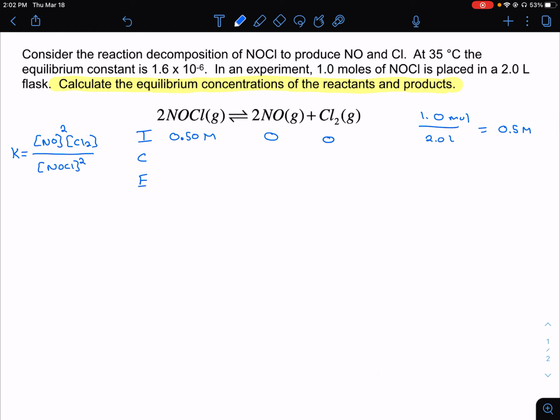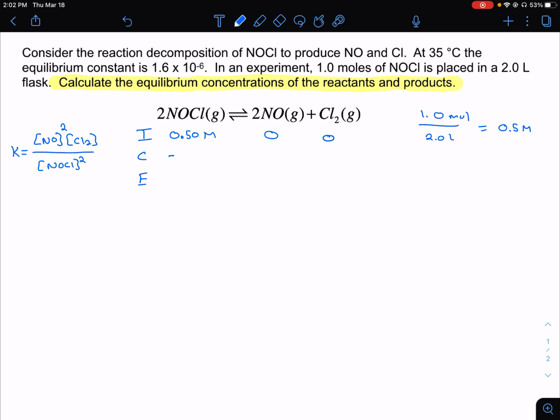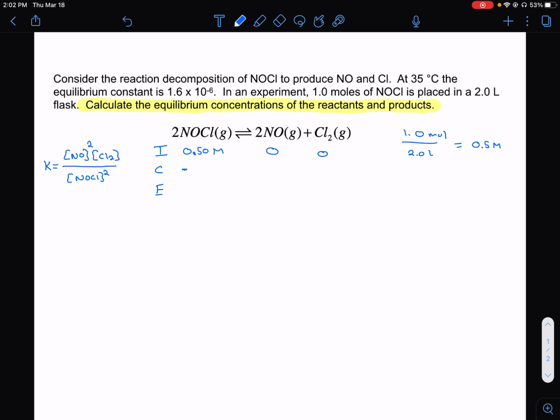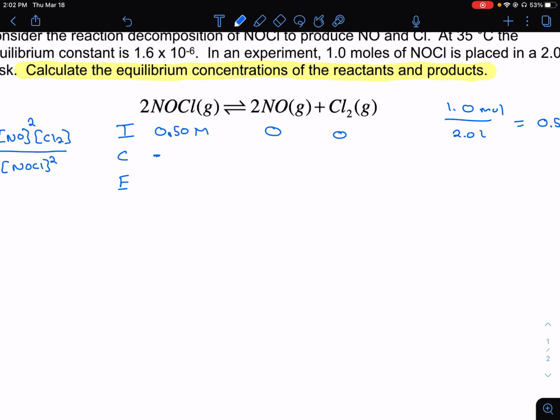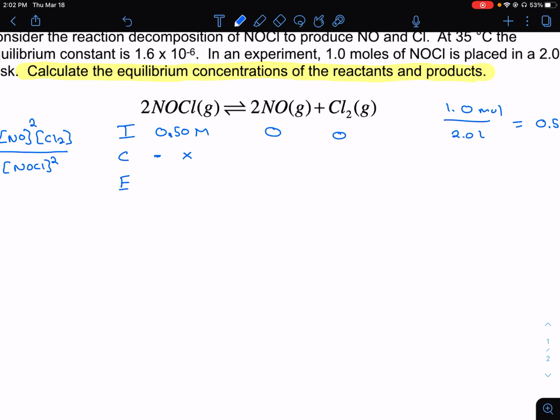For our change, we're going to be losing some of our reactants because reactants are being converted to products. So the change is going to be negative for all reactants. Now we don't know what the change will be, so we're going to call it minus X. But because of this 2 coefficient, I'm going to call it minus 2X.